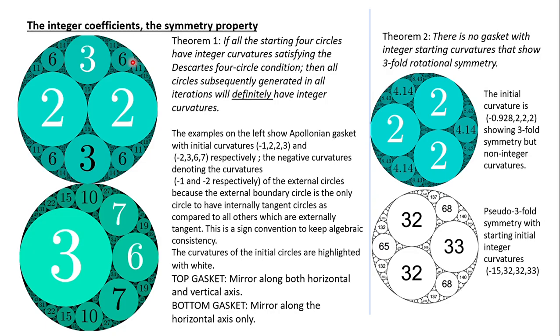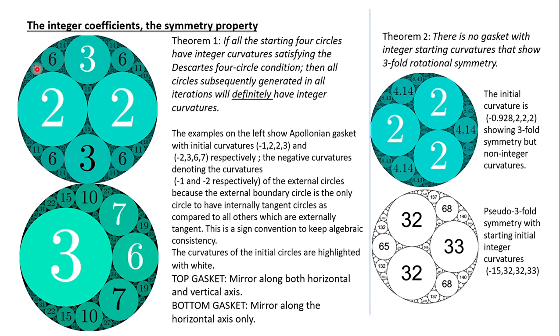So we'll see what happens if we put integers. If we have the initial 4 circles as integers, that is to say the interior 3 circles, curvature is shown here 2, 2, 3, and just another, the external circle has curvature of -1, because of course it is internally tangent and not externally.